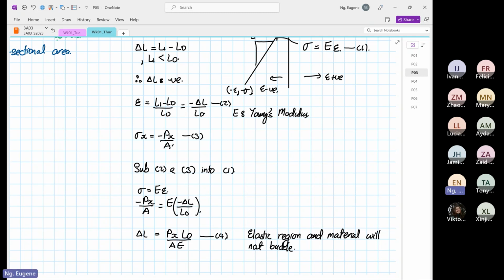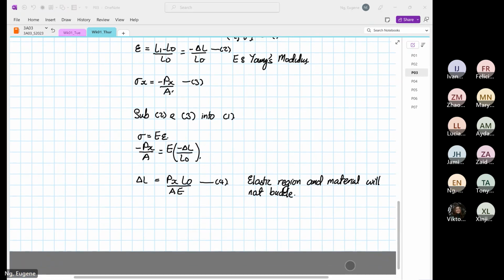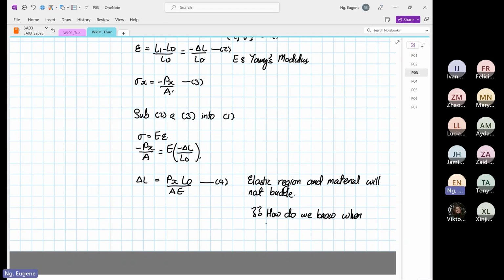Some of you might say, Eugene, how do we know the material will buckle or not buckle? So now the question comes to you is this: how do we know when buckling will occur?